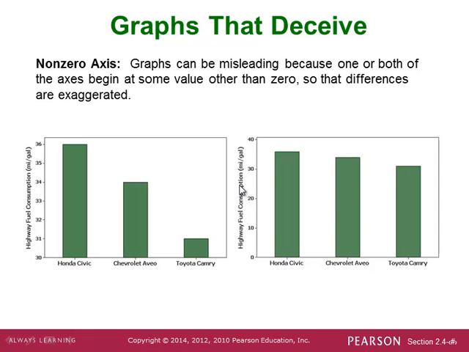And there only is about 2 miles per gallon difference between the Honda Civic and the Aveo, which relatively speaking is not all that big of a difference. So this is probably more accurate, less deceptive compared to this one here on the left.